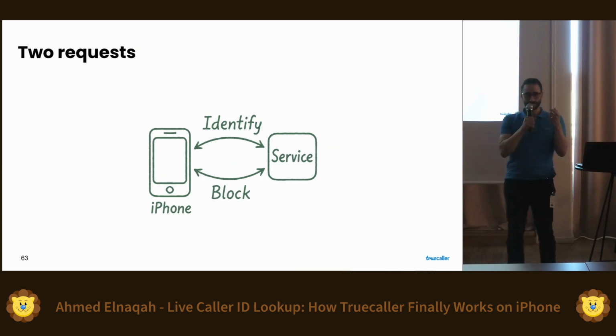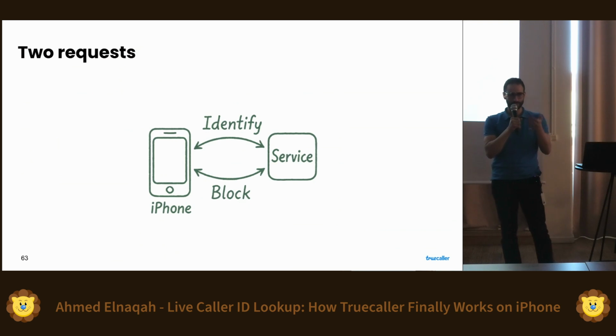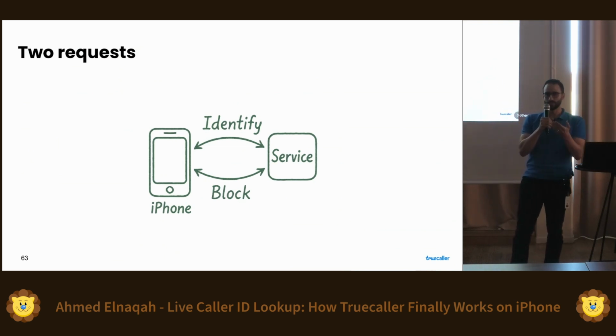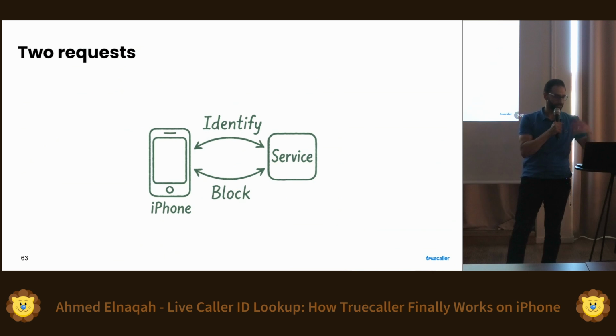The identity request needs to be within the ringing time. Whenever the phone is ringing, we need to receive the identity request to be able to show an identity. If the response time is slow, that means bad user experience. If it's faster, it's a better user experience. So this is how we manage it.